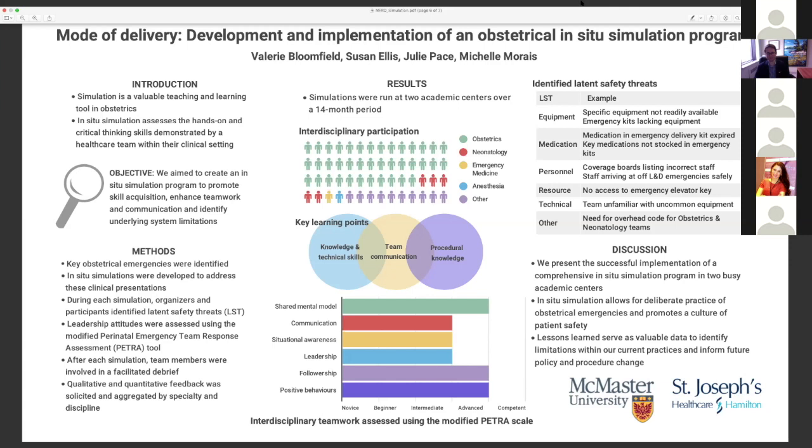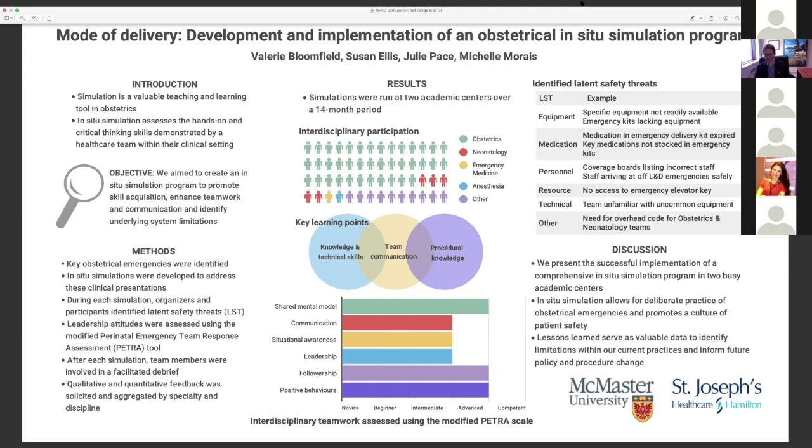It was really about looking at how the team functioned within their routine daily clinical settings, and really focusing on identifying the latent safety threats within the care setting. Over time, team members have commented that they feel much less intimidated by participating, and as team members have become more comfortable, we have much more eager participants when simulations roll out on labor and delivery.